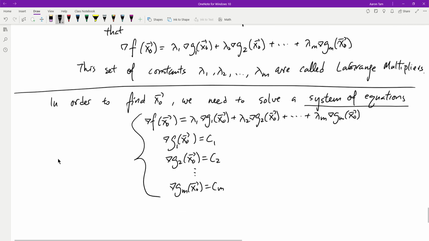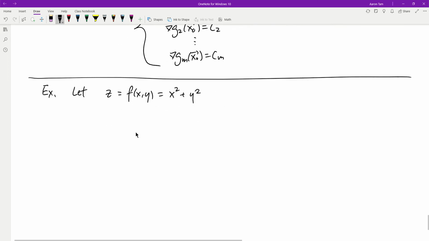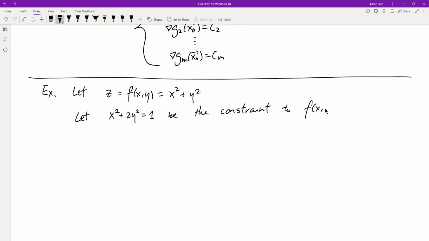Now, just to show you how to do it, we're going to start our first example by doing the same exact problem that we just did, which we already know the answer of. Let's say we let z equal f of xy, which is equal to x squared plus y squared. Let x squared plus 2y squared equal to 1 be the constraint to f of xy.